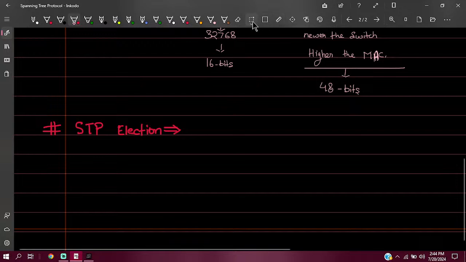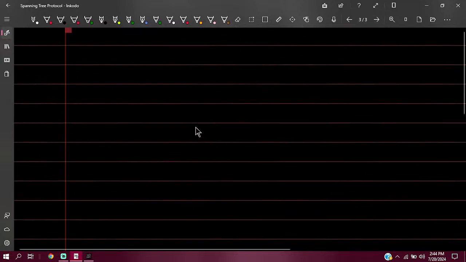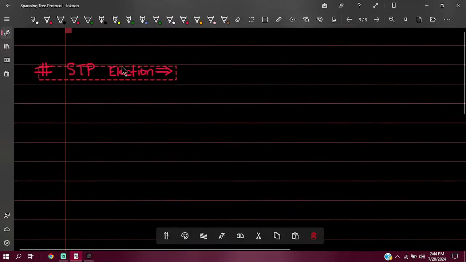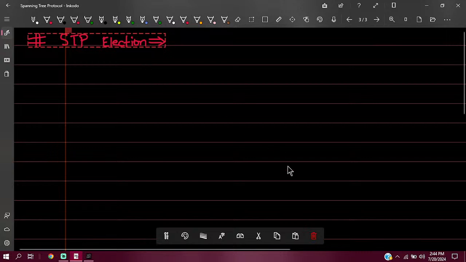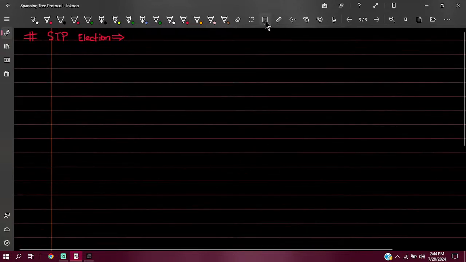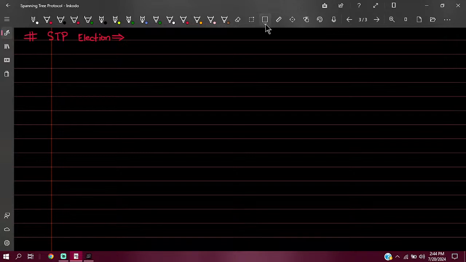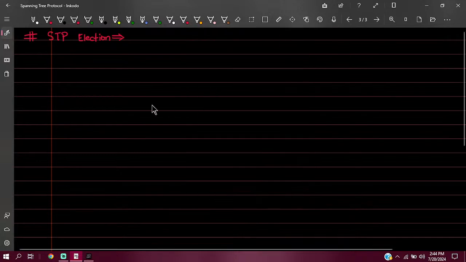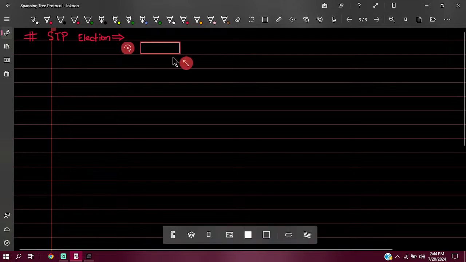Let's switch to the next page. I don't have enough space here. So to explain this, we will again jump into a redundant scenario where the switches will be forming a redundant topology. Along with that, there would be a loop also between the switches.